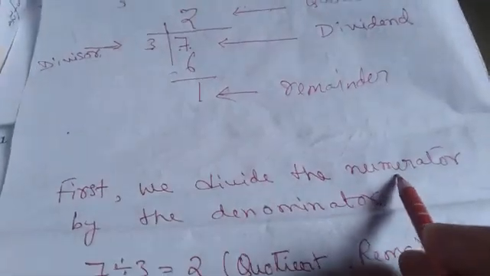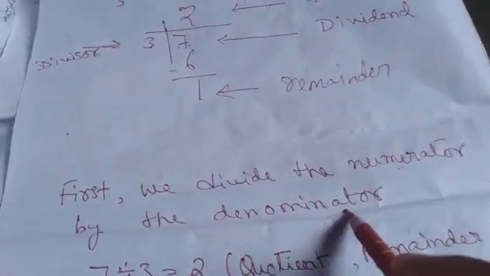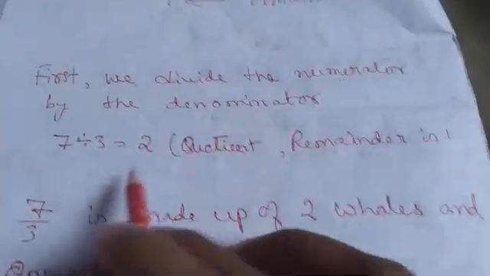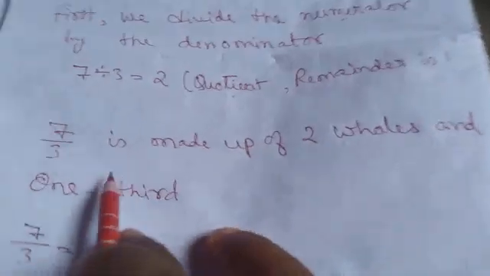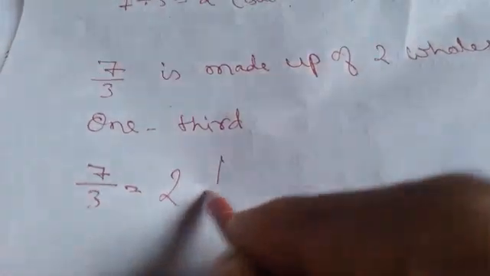So first we divide the numerator 7 by the denominator 3, and we get 2 as quotient and 1 as remainder. So 7 by 3 is made up of 2 wholes and 1/3. We can write 7/3 as 2 and 1/3.